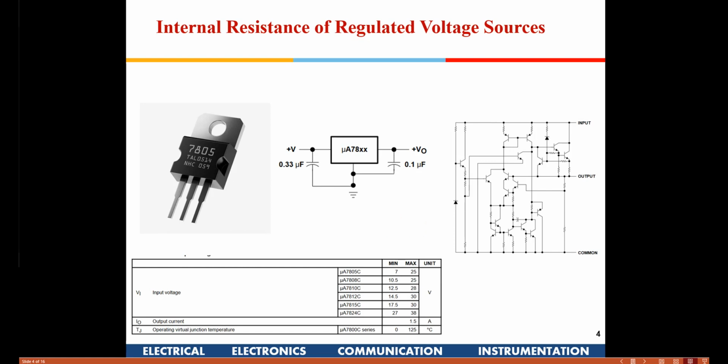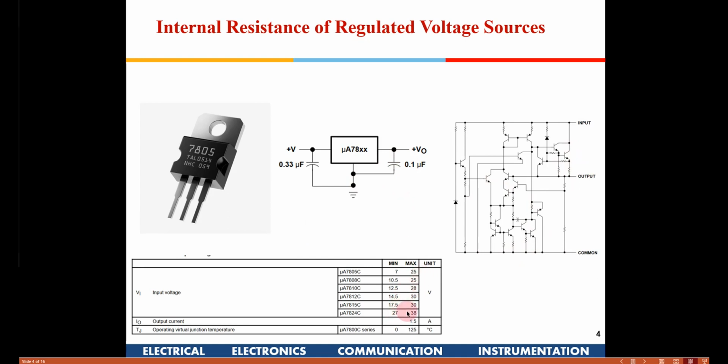Yes sir. If you have a regulated supply like this, then you can assume that it has got zero series resistance, because effectively this terminal voltage remains 5 volts irrespective of the load current you are drawing from this.